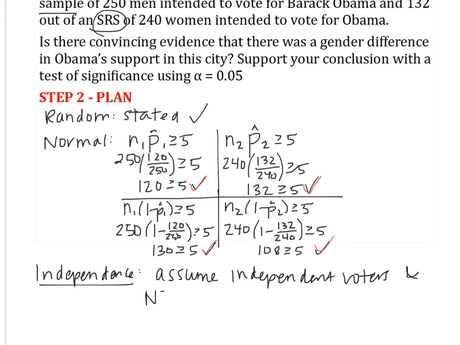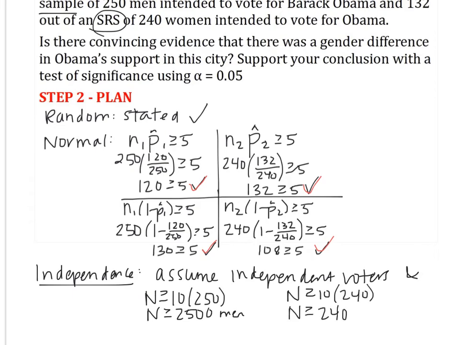And the population of men is at least 10 times 250, or there's more than 2,500 men, and there's more than 10 times 240 women, so all of those are checked. It may seem like I'm flying through this, but we've done these 3 conditions a lot. So random, normal, independent, the same way of checking it every single time. We should be getting really familiar with this.